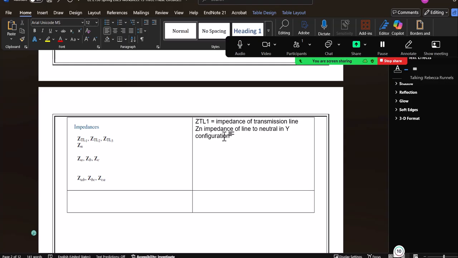And then ZA, ZB, ZC are the impedances of a Y load. Since you just have one letter, it's a Y. And ZAB is the impedance of the delta load.